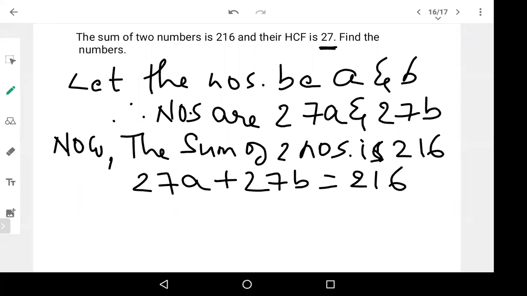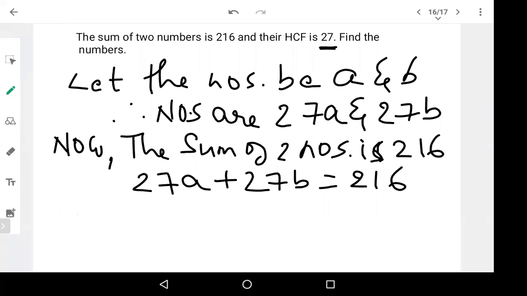Now just check if I can take out any common numbers. Any number is common? 27 is common. Good. 216 by 27 will give me 8. So I can take out 27 from the equation completely.